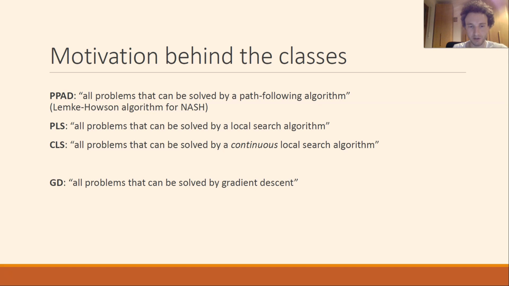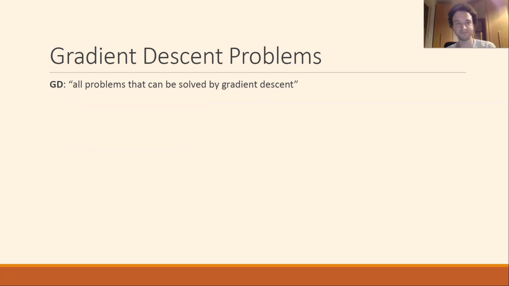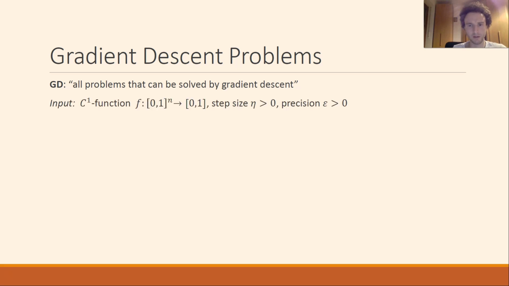Now this sounds very good, but when you say something like this, a class of all TFNP problems that can be solved by gradient descent, you have to formalize this somehow. So how do we formalize this? How do you define a problem capturing gradient descent? So the way in which we do this is we take the input to be a continuously differentiable function f from the unit hypercube to the [0, 1] interval, and we're also given a step size eta and a precision epsilon.